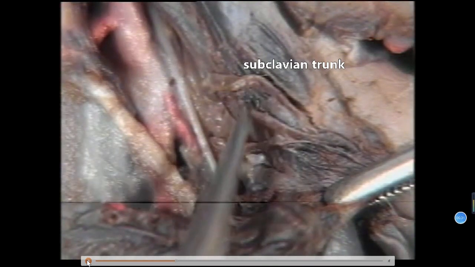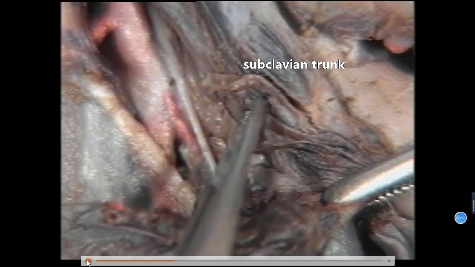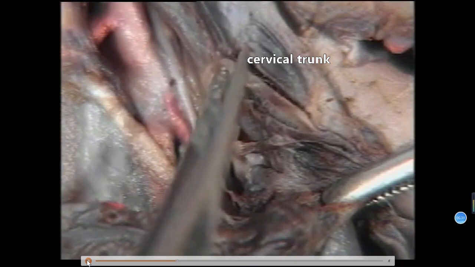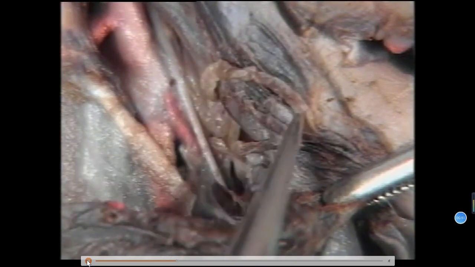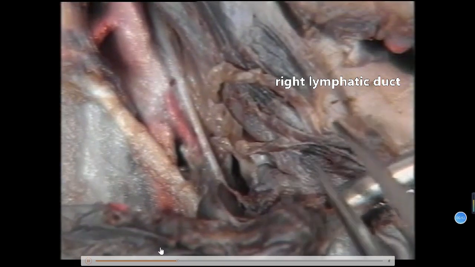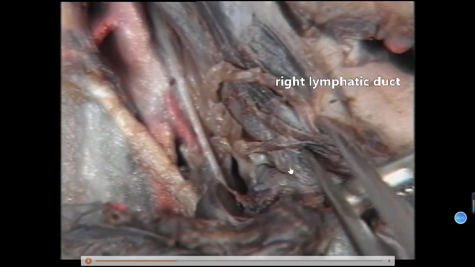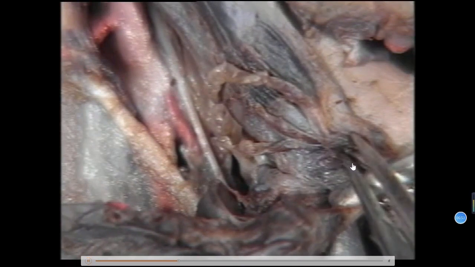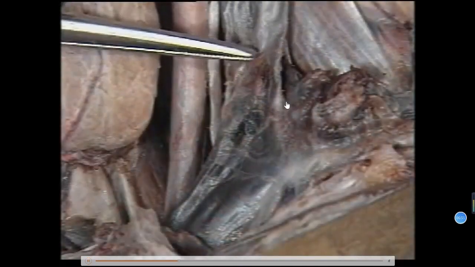This one is from the upper limb, subclavian trunk. This one from the neck, cervical trunk. On this right side, three trunks together form one duct, right lymphatic duct, very short. Then it opens into this right venous angle.